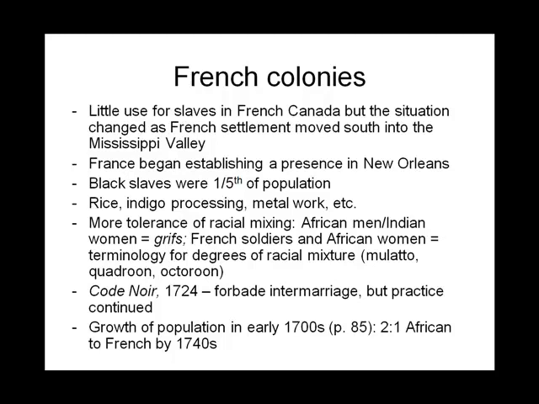France established a presence in the southern part of their colony around New Orleans. Eventually, the black population by 1731 had grown to 4,000 slaves, or about a 2-to-1 advantage, African to white French.